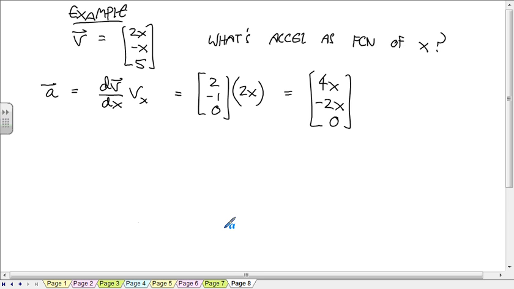Okay, so the easiest these problems can be is if you're given the velocity vector. If you're given the velocity vector as a function of x, then you just use that chain rule. It can be one line like this.